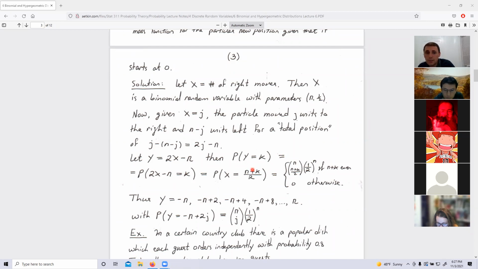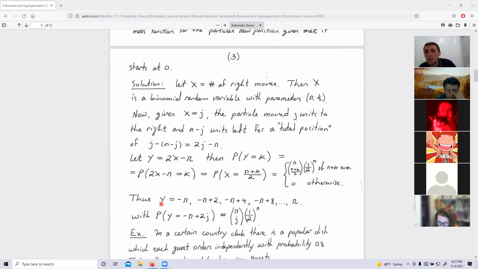So this is how many right moves were executed. If Y is position k, I can figure from there how many right moves were executed. And the probability is n choose the number of right moves, 1/2 to the power of right moves times 1/2 to the power of left moves, which because it's 1/2, ends up being just 1/2 to the power of n.